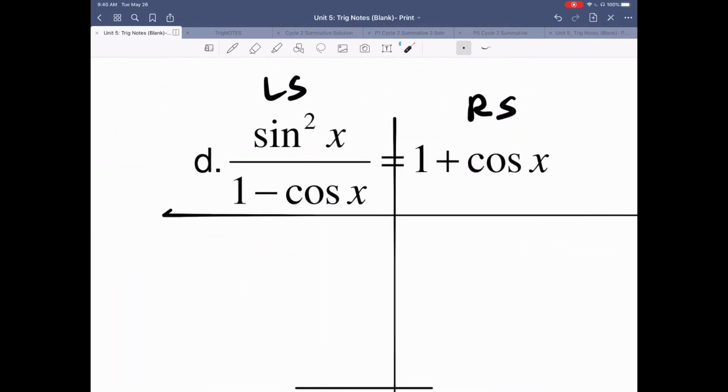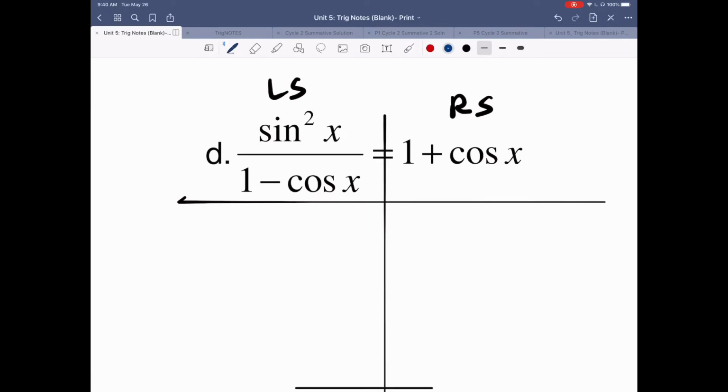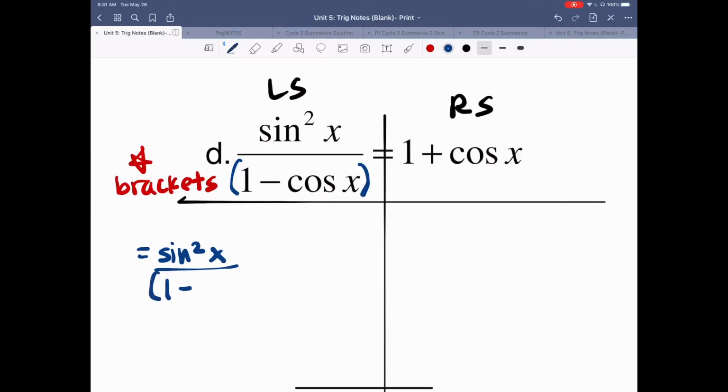So right now, on my left side, I usually always habitually put brackets on that. So I am going to listen to the suggestion that to my original left side, I've added the brackets, and I'm going to multiply the top and bottom by the conjugate, and it's the conjugate with the opposite sign.